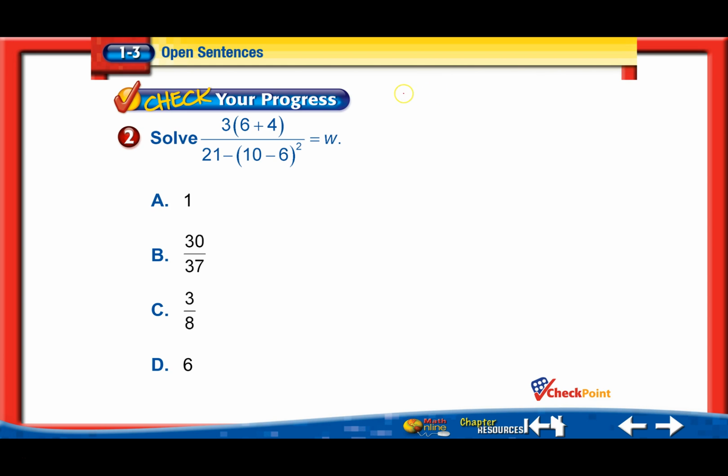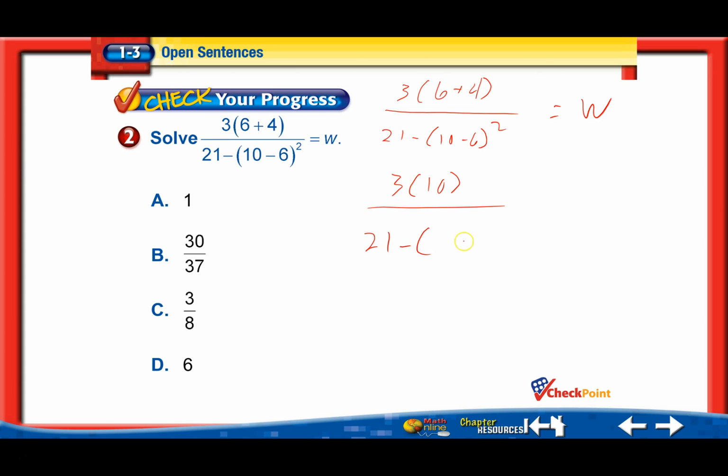All right, so I'm going to rewrite this up here: 3(6 plus 4) over 21 minus 10 minus 6 squared equals W. Let's do the stuff inside first. So 3 times 10 over 21 minus, and here would be 4.